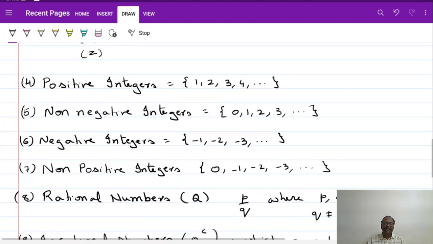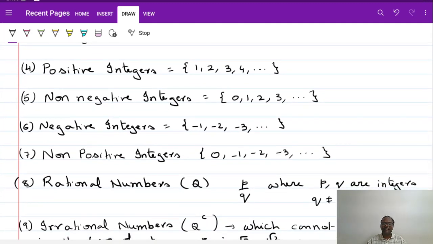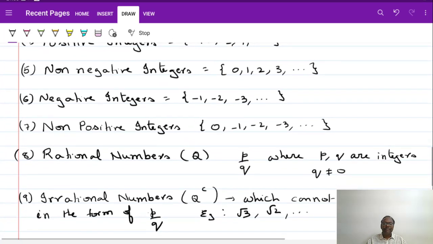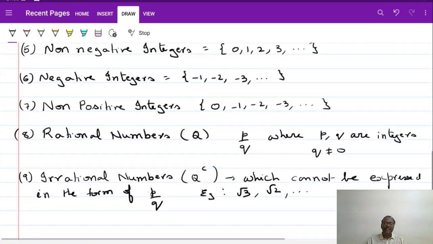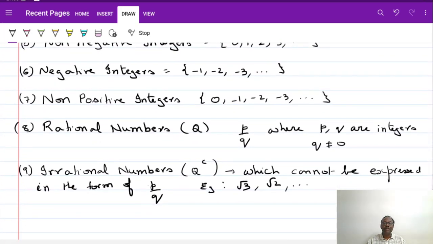Then we have rational numbers, represented by Q, which is any number that can be expressed in the form of P by Q, where P and Q are integers and Q not equal to 0. Any number that cannot be expressed as P by Q is said to be an irrational number. It is simply the complement of rational numbers. So these are the different types of number systems.